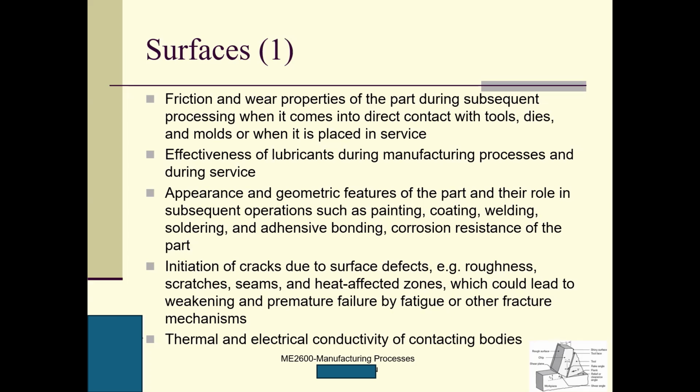the roughness of your surface. Surface defects include roughness, scratches, seams, and heat affected zones, called HAZ. Okay? HAZ is a zone affected by heat, and there might be some metallurgical phase transformation, which could lead to weakening and premature failure by fatigue or other fracture mechanisms.